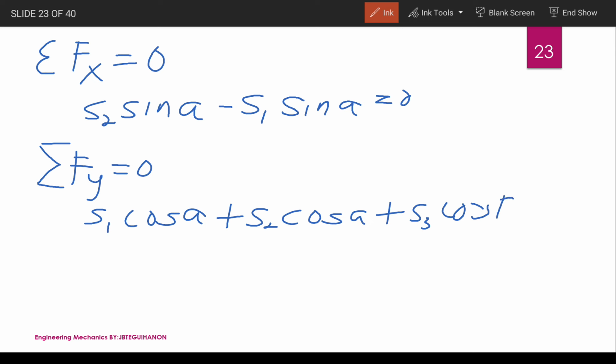In-apply lang natin yung ating free body diagram is equal to 0.